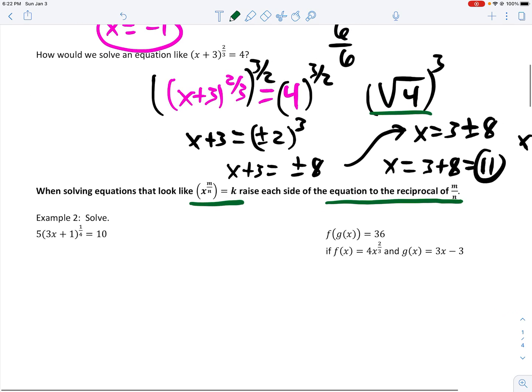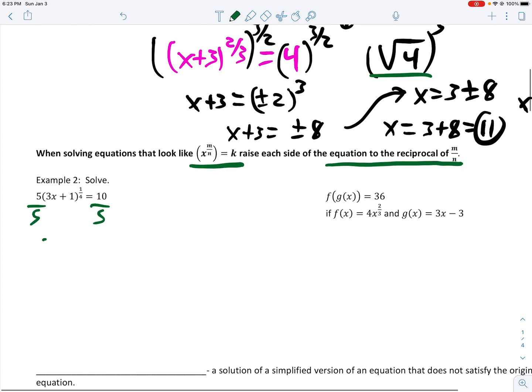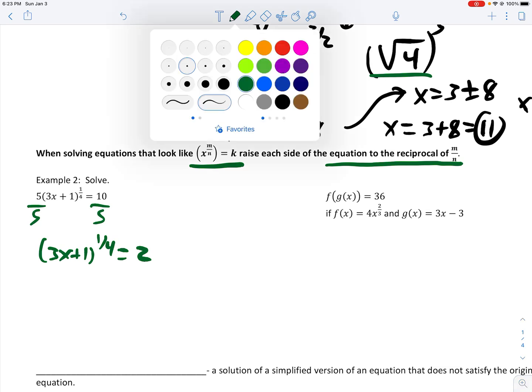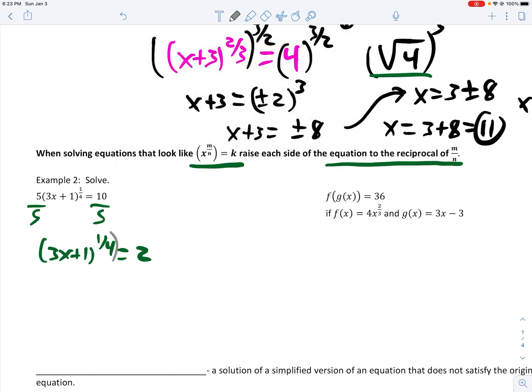So example 2 doesn't look like that. It's just not x to some power equals k. So I'm going to divide both sides by 5 first. So I have 3x plus 1 to the 1/4 equals 2. So now to get rid of the 1/4, I'm going to raise both sides to the 4/1 power.